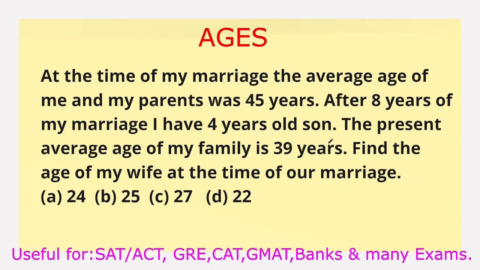The present average age of my family is 39 years. Find the age of my wife at the time of our marriage. The given options are option A 24, option B 25, option C 27, option D 22.